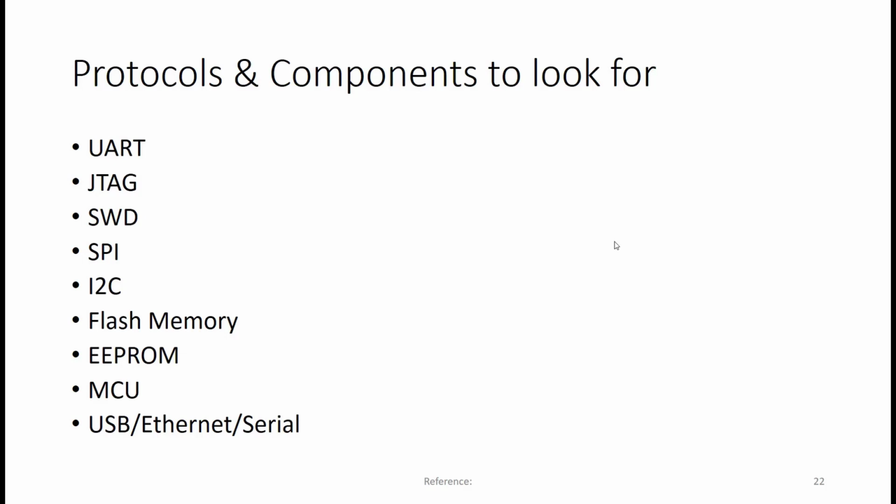Additionally, you could also find either a USB, an Ethernet, or a serial port on the board of the embedded device, which again has separate ways to sniff data from and to exploit.